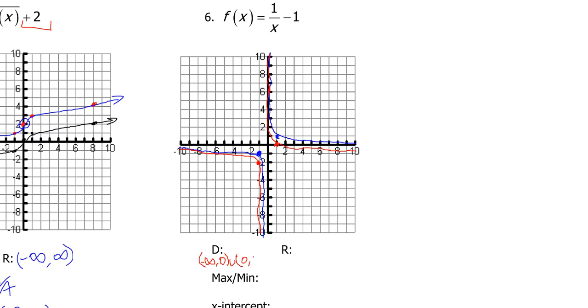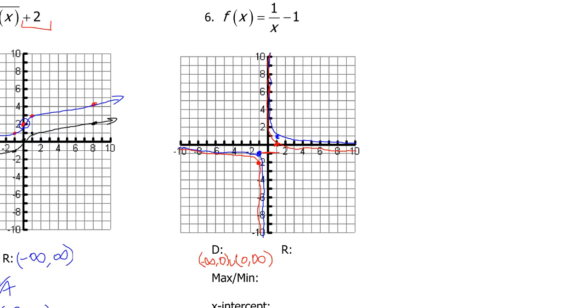Now the range, again, is going to be very similar to yesterday, but not the exact same thing. If you remember, yesterday it broke at 0. But today, if you notice, our range actually stops at -1.